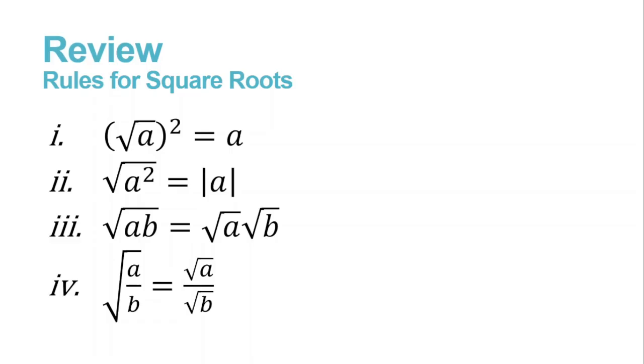We also have the square root of ab, which is equal to the square root of a times the square root of b.